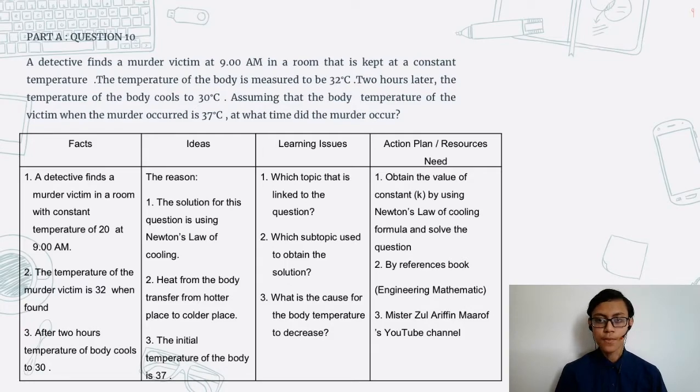The temperature of the body is measured to be 32 degrees Celsius. 2 hours later, the temperature of the body cools to 30 degrees Celsius. Assuming that the body temperature of the victim when the murder occurred is 37 degrees Celsius, we need to find at what time the murder occurred.